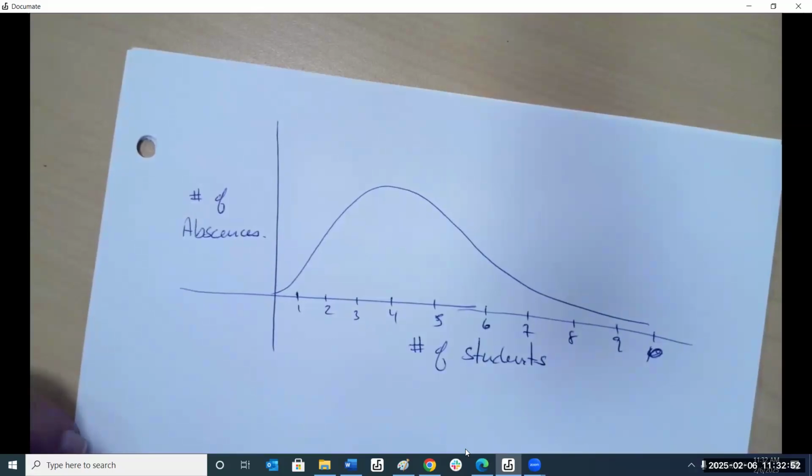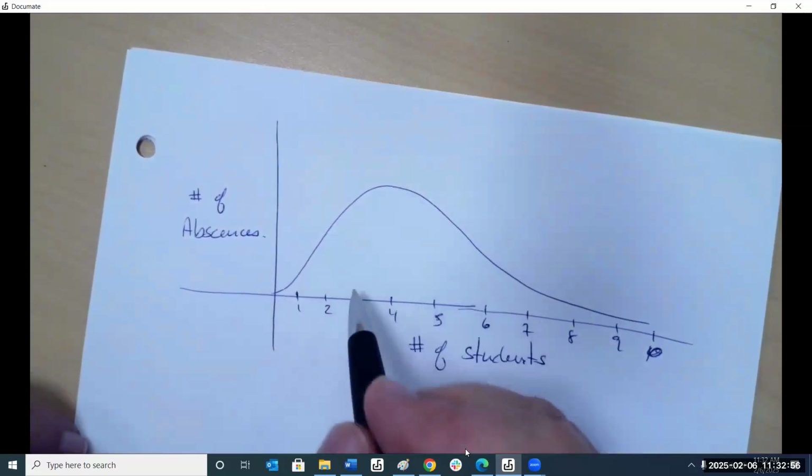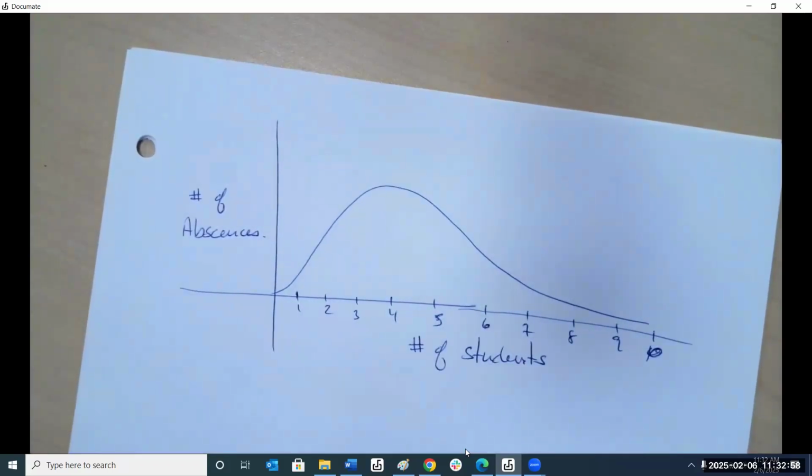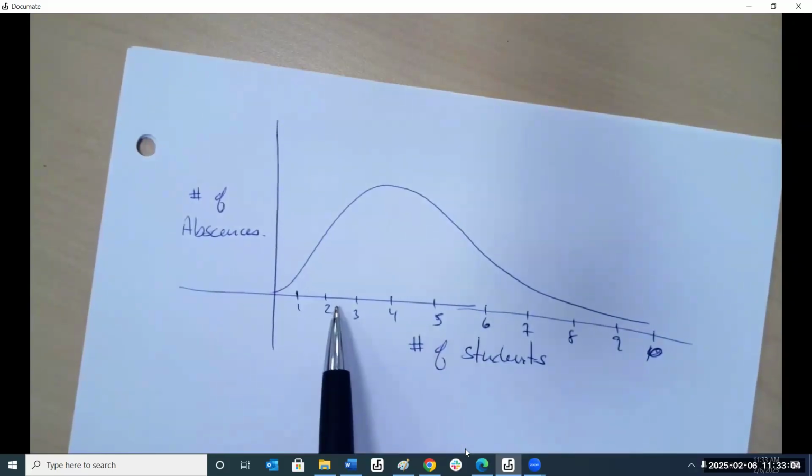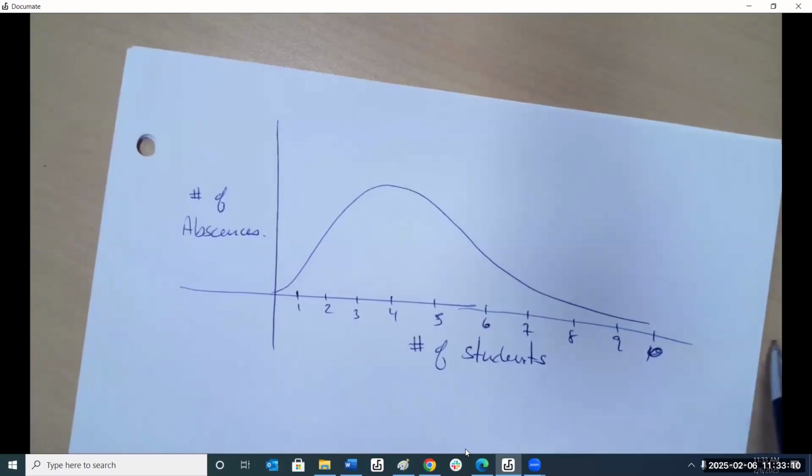Is it normally distributed? No, because obviously you see it's further onto one side than the other. Typically you'll have a certain amount of absences which aren't that high, but then some students will have many, many, many more absences.